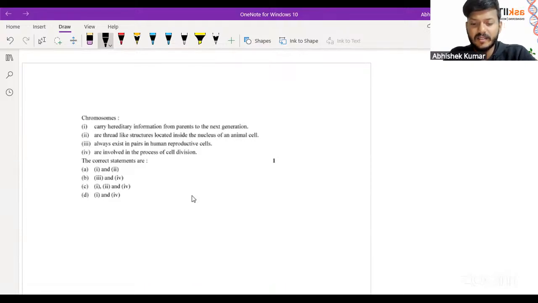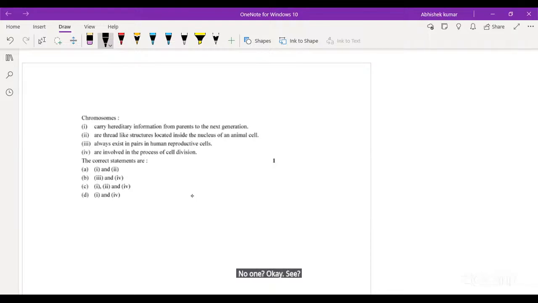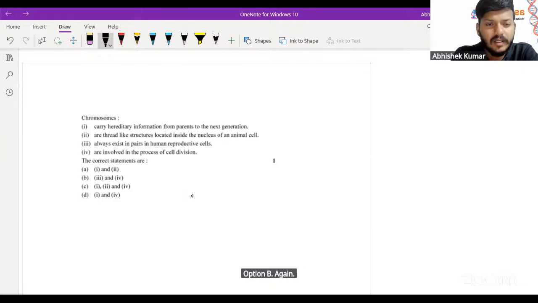So what should be the answer? Anybody? No one? Okay. Option 4 is correct, that they are always involved in cell division.